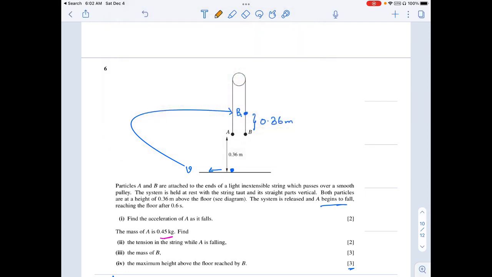So for A, initial velocity was 0, acceleration is equal to 2, final velocity I don't know, and time is 0.6 seconds. So I use v is equal to u plus at, so v is equal to 0 plus 2 times 0.6. So v is equal to 1.2 meters per second. So B will start with 1.2 meters per second.